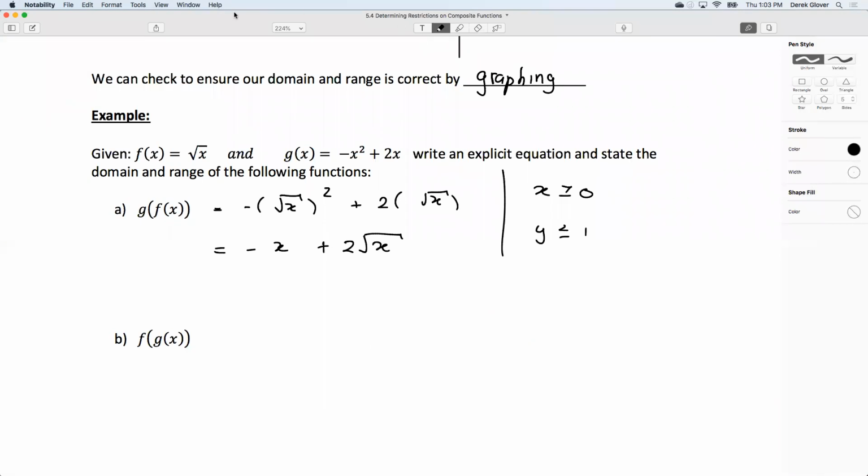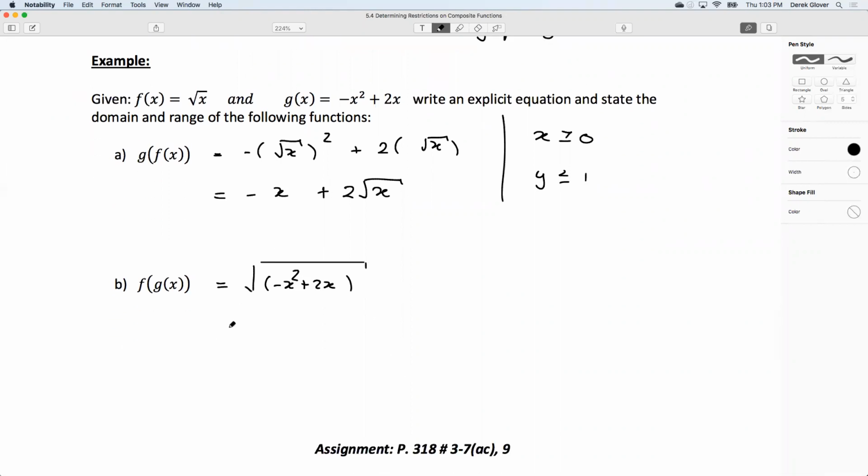And then last but not least, f of g of x. So it's a square root was f of x, so it's the square root of something. And in those brackets, we're going to put g of x, so minus x squared plus 2x. So this will equal the square root of negative x squared plus 2x.